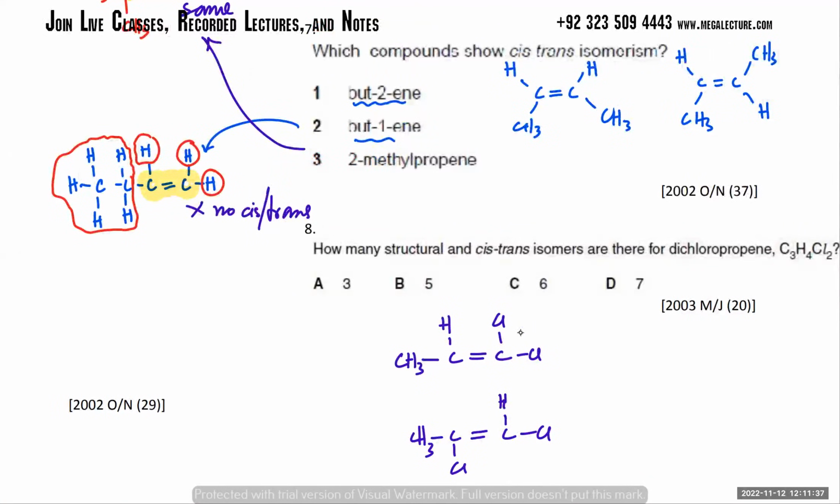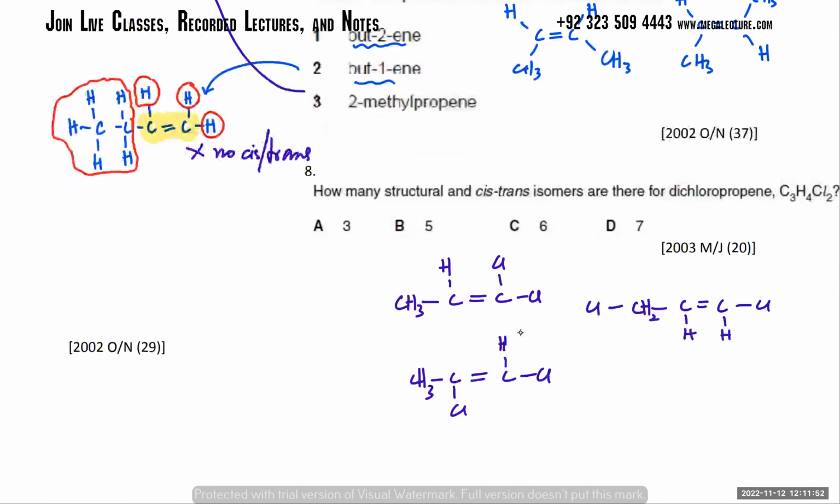So what else? Again, I've got propene and I've got one Cl over here and I can put the other Cl on the other extreme end. This one will have two H's. I've got an H and I've got another H. Then I have again propene. I've got two Cl, so I can have one Cl over here and I can put one Cl over here.